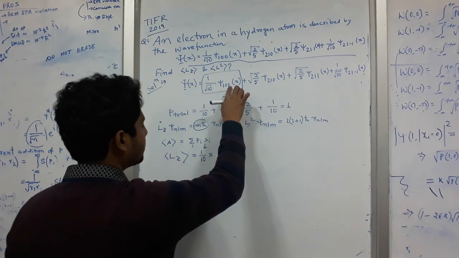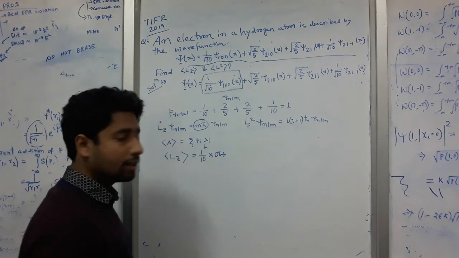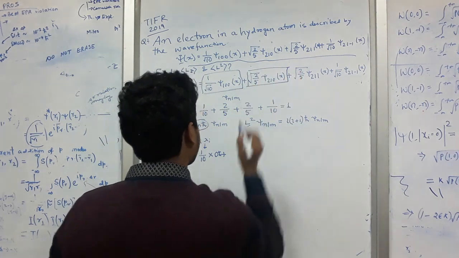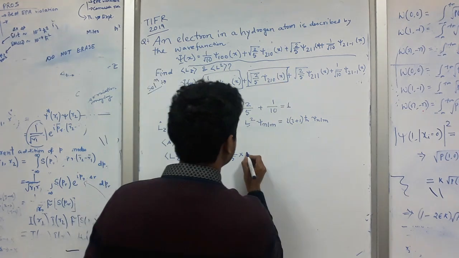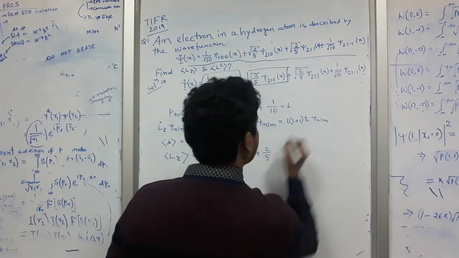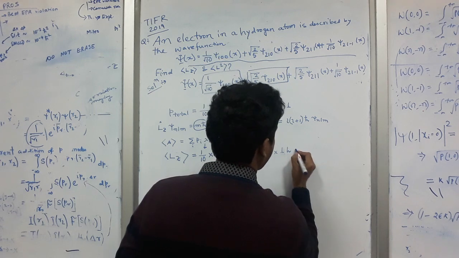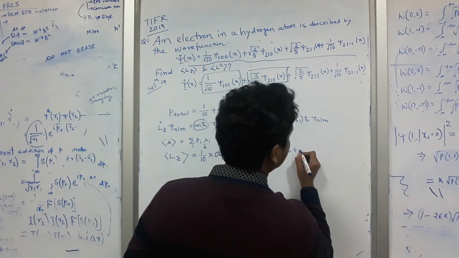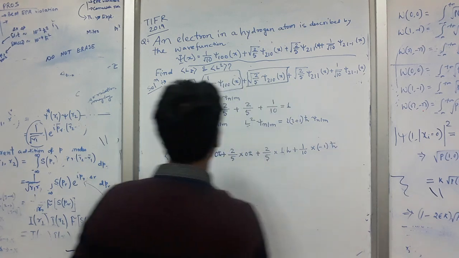Here m is equal to 0, so 0 h cut, plus, let's go to the second one. 2 by 5 into, this m is also 0, so 0 h cut, plus third one, this is also 2 by 5, here m is 1, so into 1 h cut, plus last one is, m is minus 1, so 1 by 10 into, what is the eigenvalue? Minus 1 h cut. So this is very simple.